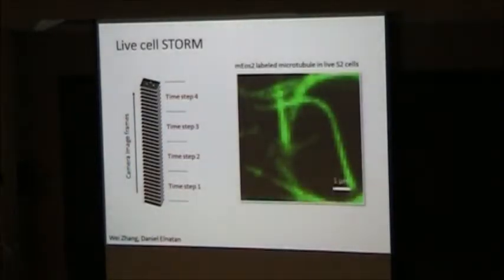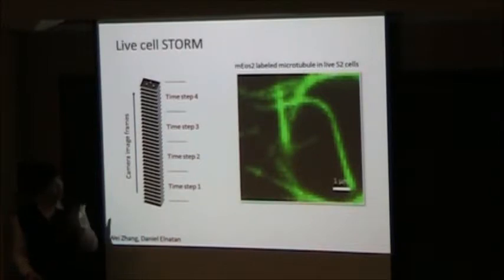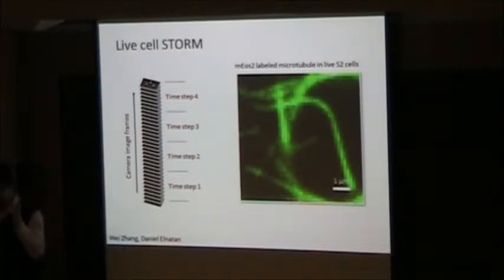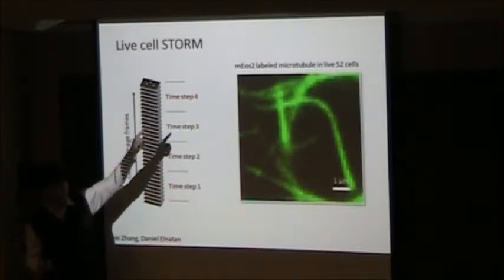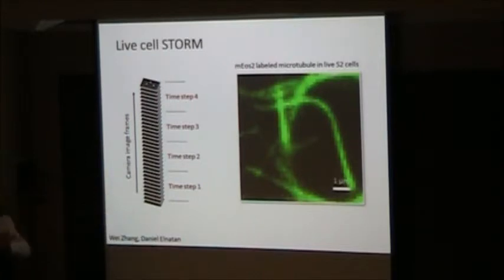For example, this is when we look at a cell with microtubules, with tubulin fused to a photoswitchable fluorescent protein. So that by itself is fluorescent. Basically, this is by far the easiest STORM sample. And this is an experiment that I did for the prospective graduate students when they visited UCSF.